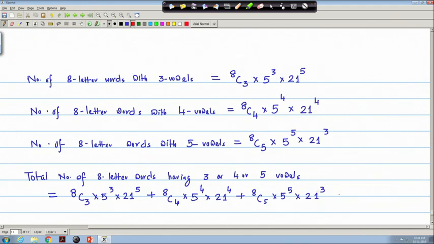So, this is my answer. So, for unordered arrangements in counting problems, we can use combinations like that.